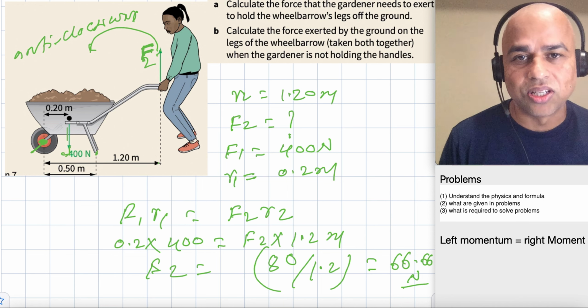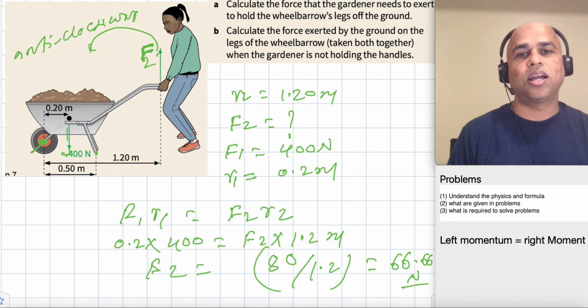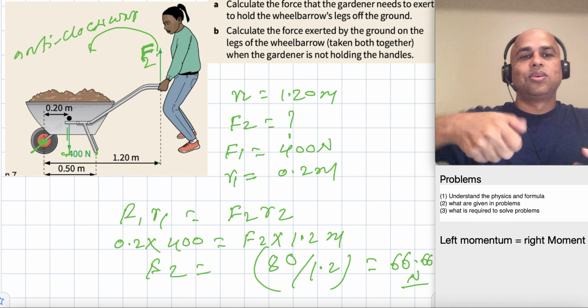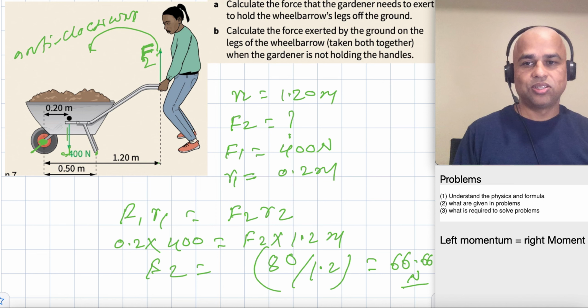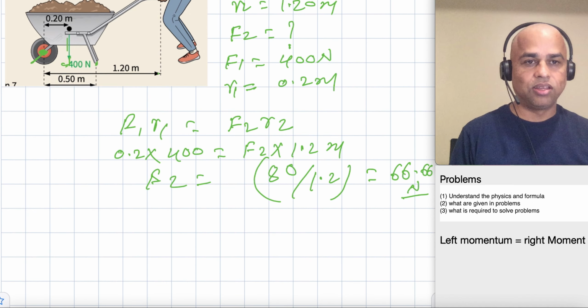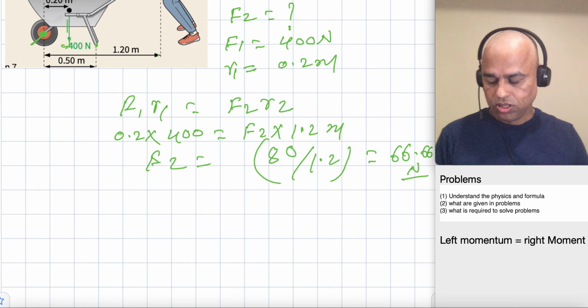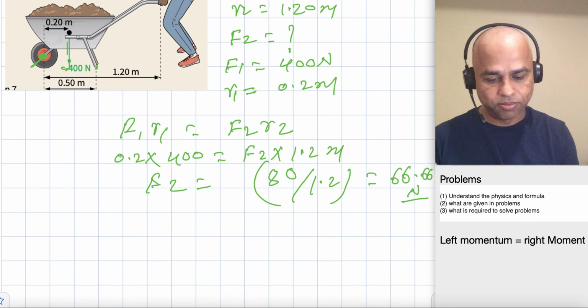And the next question is to calculate the force exerted by the ground on the leg of the wheelbarrow when the gardener is not holding the handle. Yes. So instead of using the handle, there is a stand. You calculate the same way, you can use these techniques. In this case, you don't have to consider from here to here as the distance.